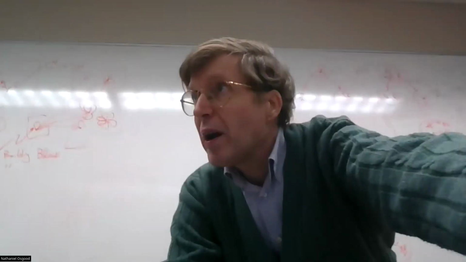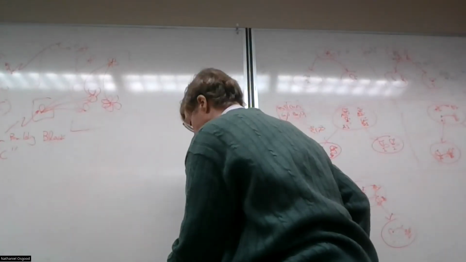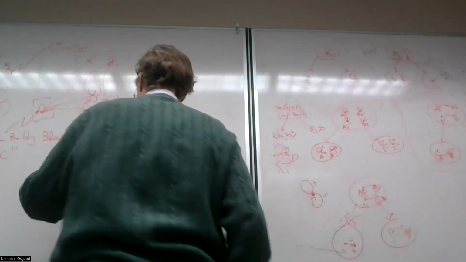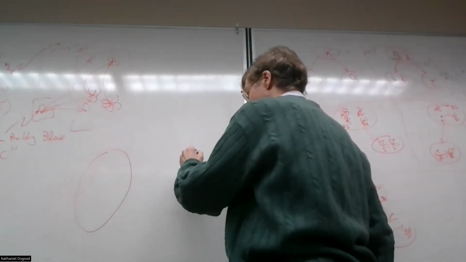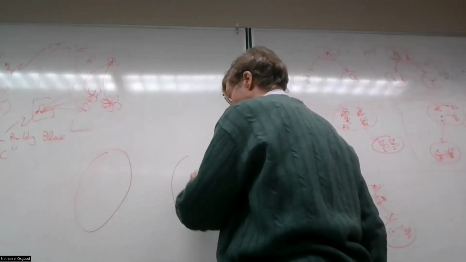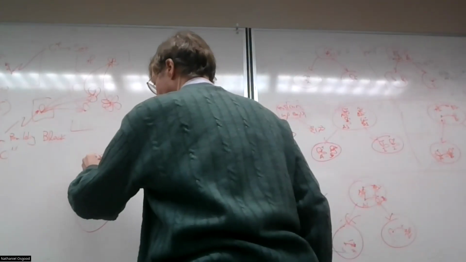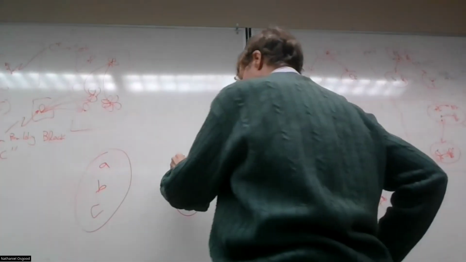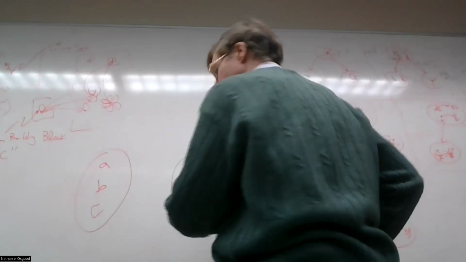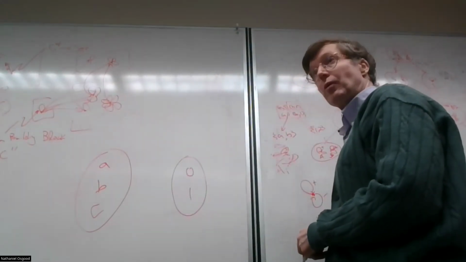I think the easiest way to do it is to show it something like this. I'll have A, B, and C. Maybe I'll have 0 and 1 here.